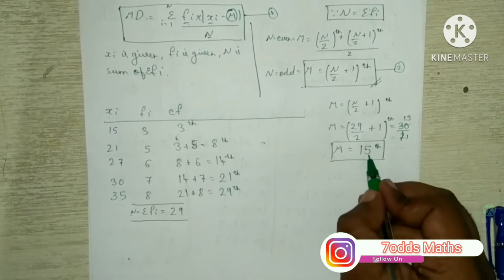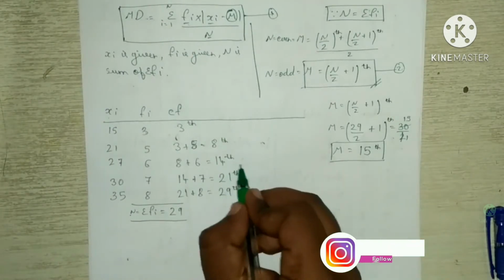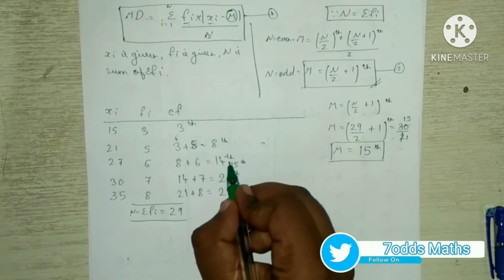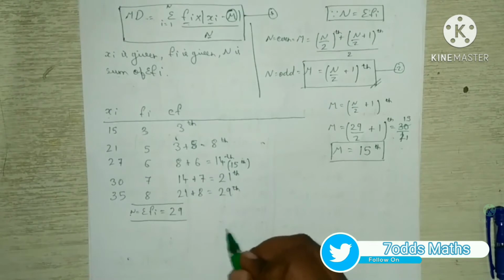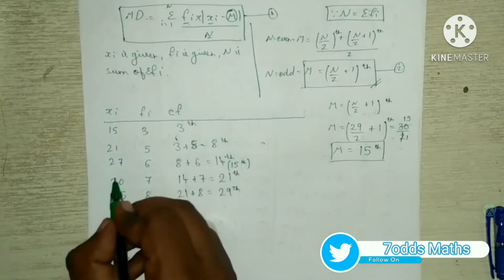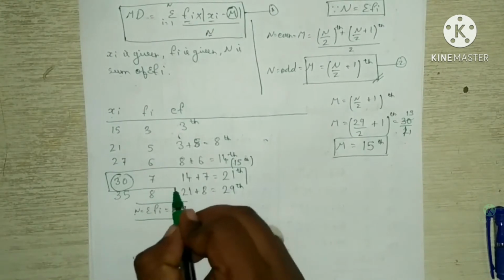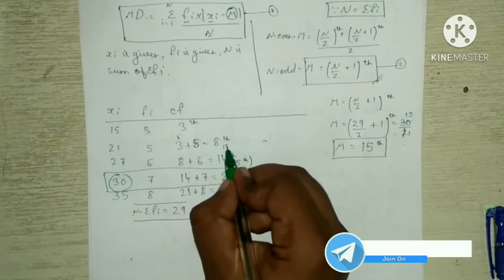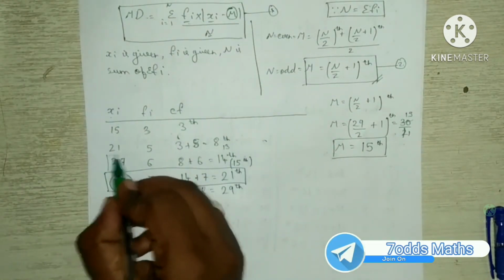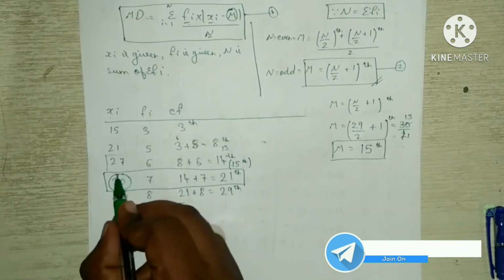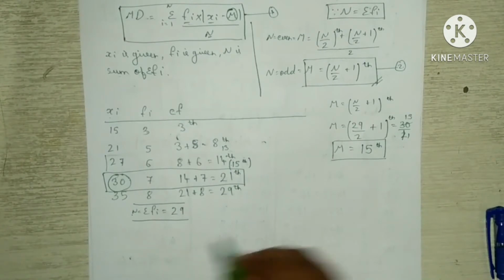We need to get only the 15th term. After the 14th term comes the 15th term, so we need to consider 30. If it was the 13th term we would consider the previous one, but now it is the 15th term, so we consider 30 as the median.